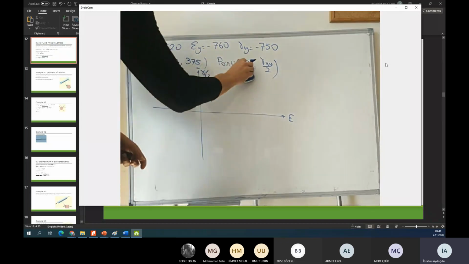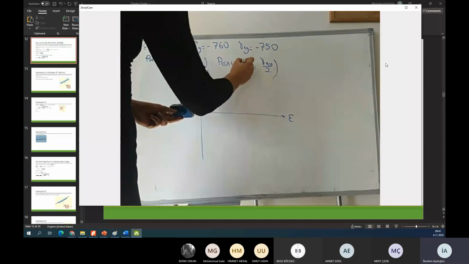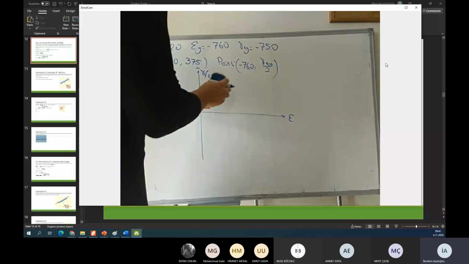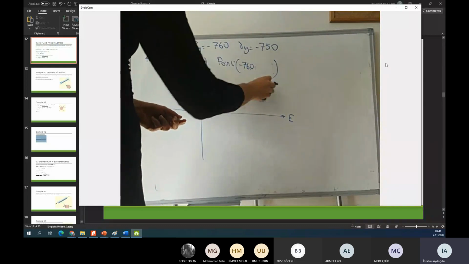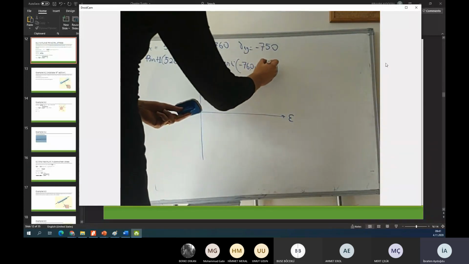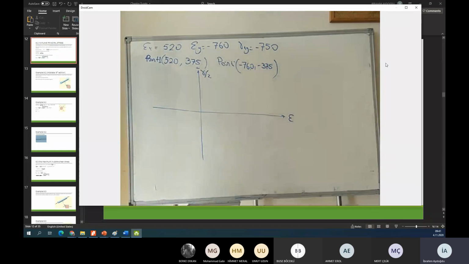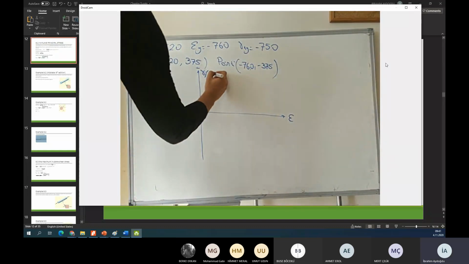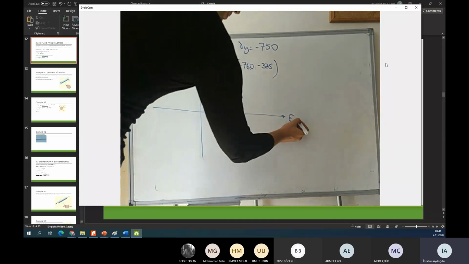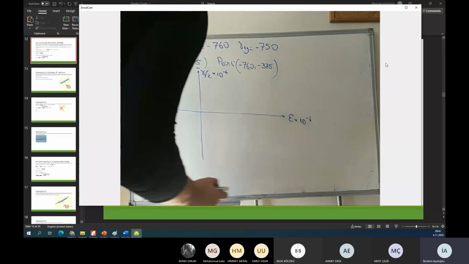The second point: epsilon is minus 760, and this one is minus 375. Okay, these are my coordinates. Also, I want to write 10 to the power minus 6 for the scale.